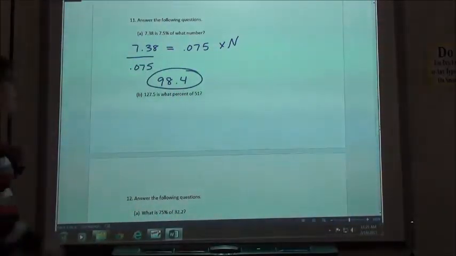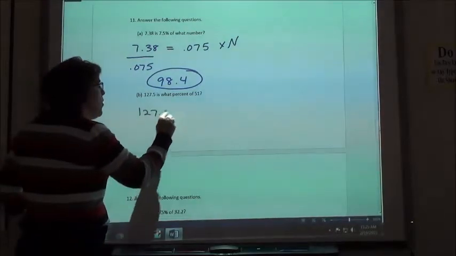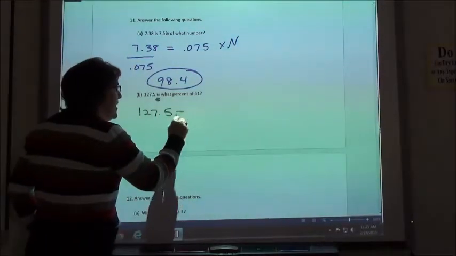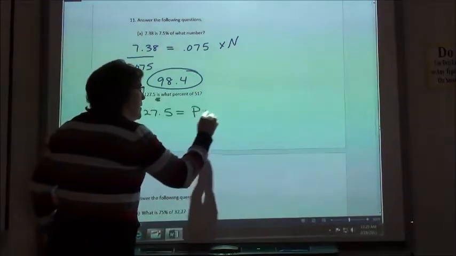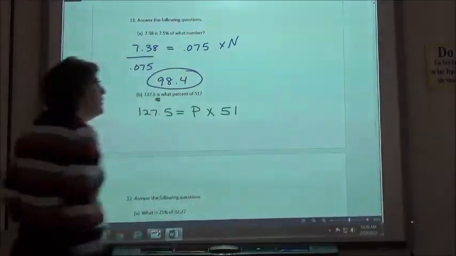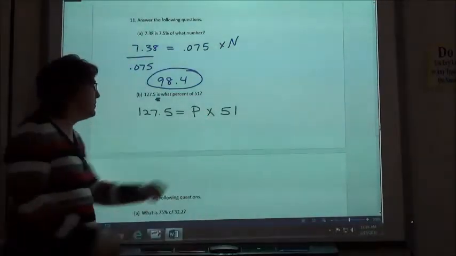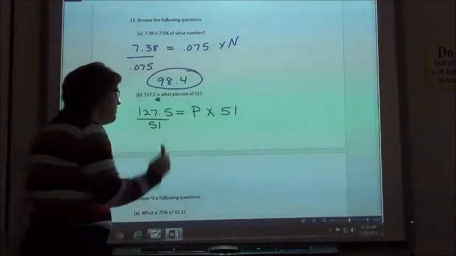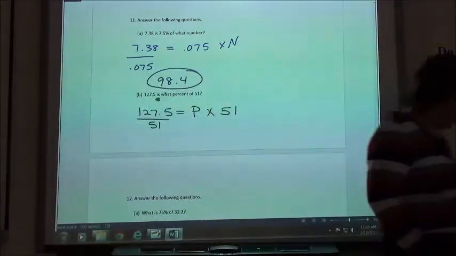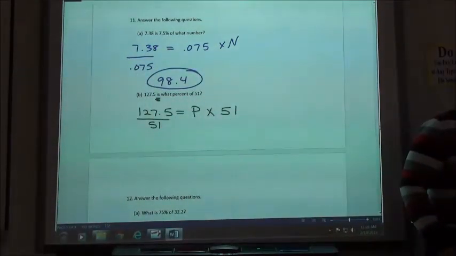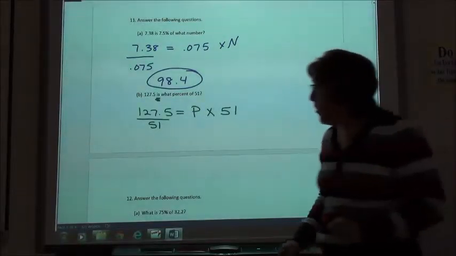The next one, it says 127.5 is what percent of 51? Of means times. So again, to get the percent by itself, since this is times, I'm going to end up dividing by that 51. 127.5 divided by 51 gives me the decimal 2.5.